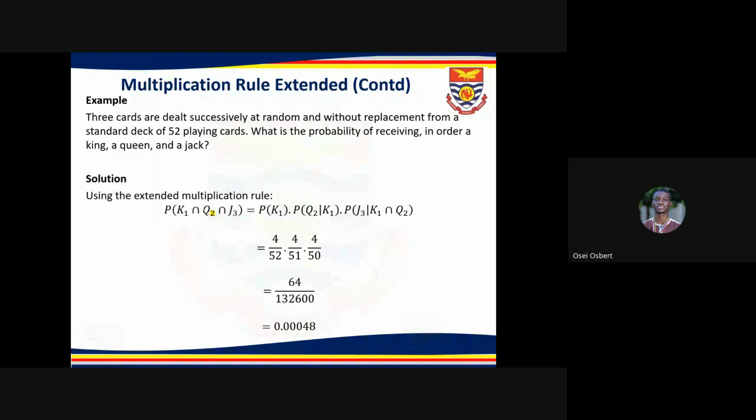We have the ace, that is the A. We have the 2, we have the 3, we have 4, 5, 6, 7, 8, 9, 10. That makes 10. Then we have the king, the queen, and the jack. That makes 13. So we have 13 different cards by 4. That gives us 52.